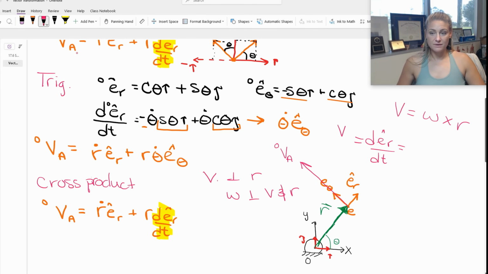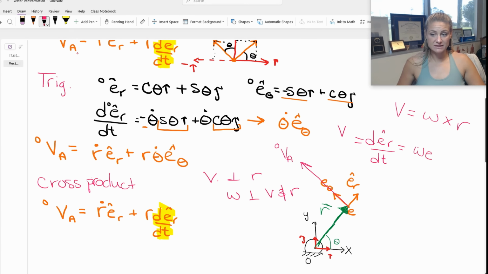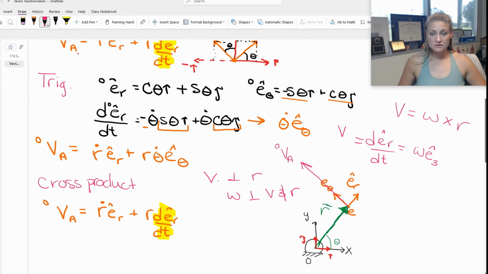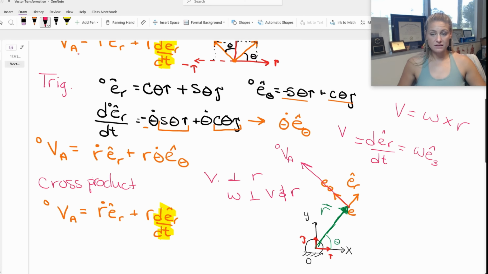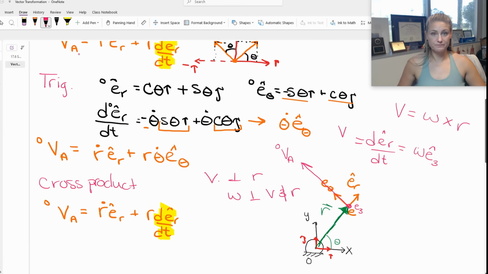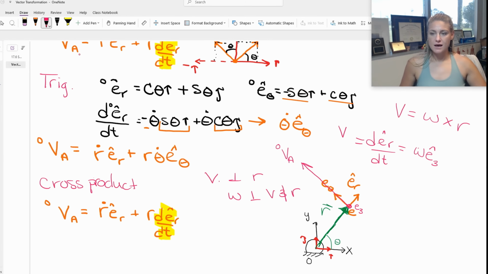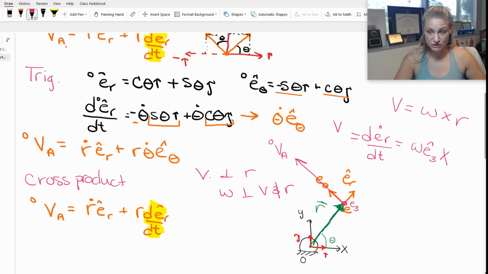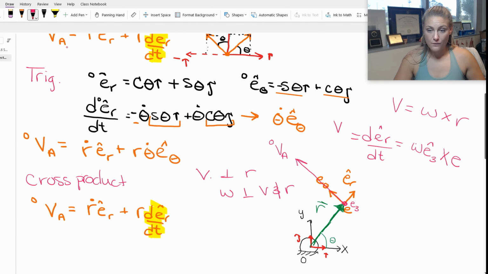So in this frame, my omega is going to be expressed in the third axis. One axis is e theta, the other axis is er. My third axis is e3. It could be ez if you wanted, but e3 is nice. And I'm going to cross that with which vector, theta or r?